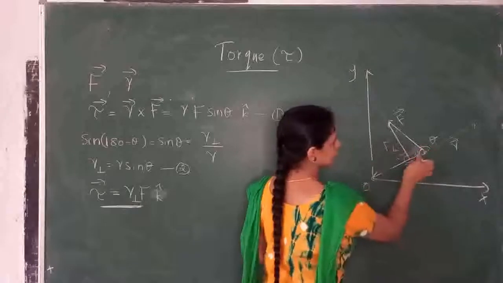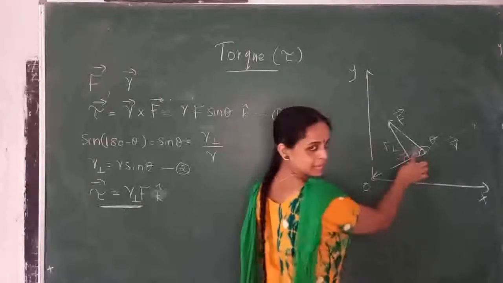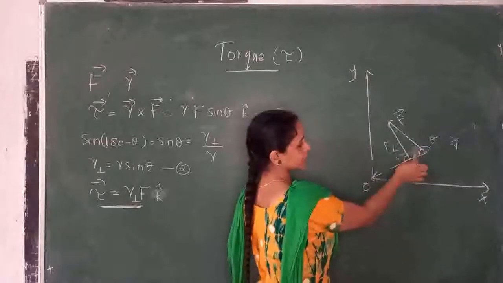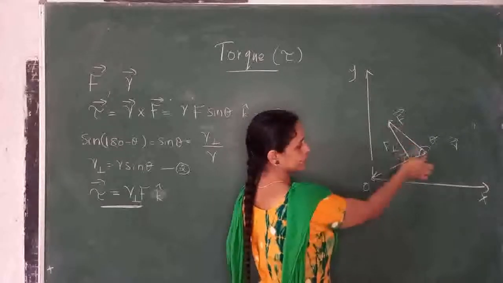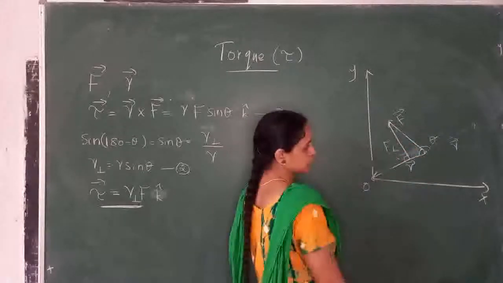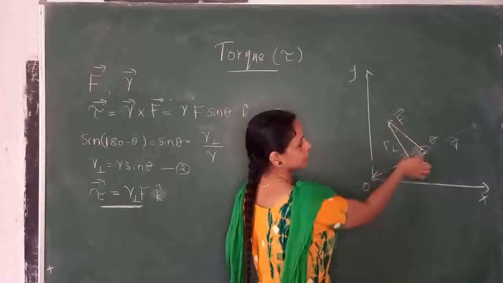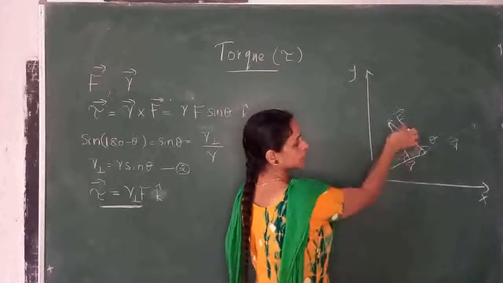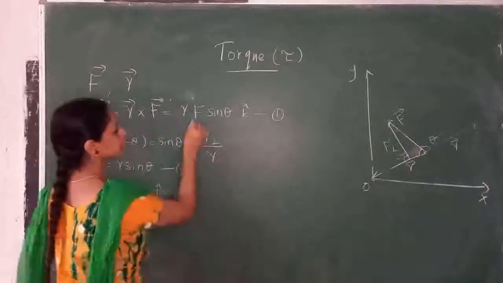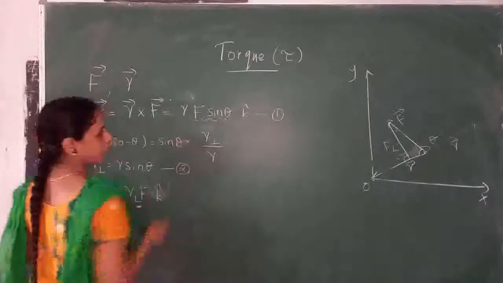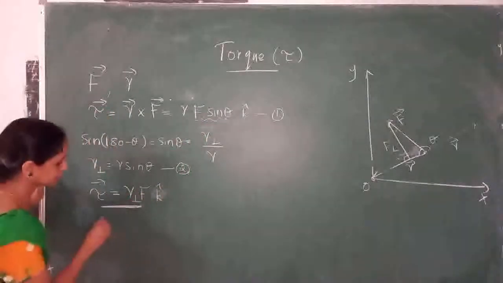So we are taking again sin 180 minus theta. Sin 180 minus theta here is F perpendicular by F. So F perpendicular is equal to F sin theta. So we can replace F sin theta as F perpendicular.